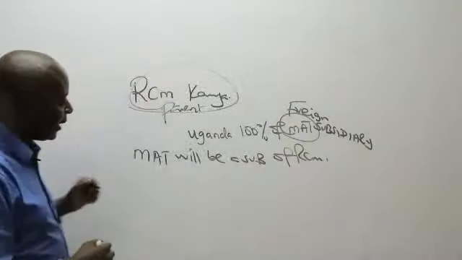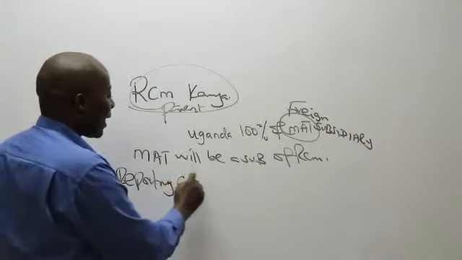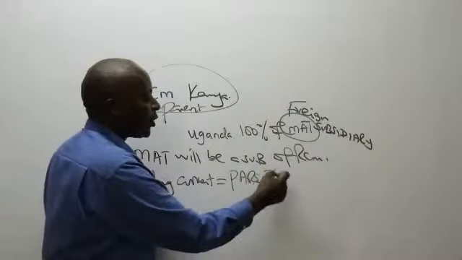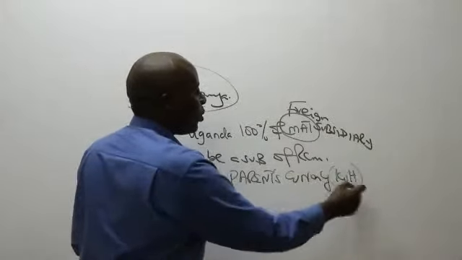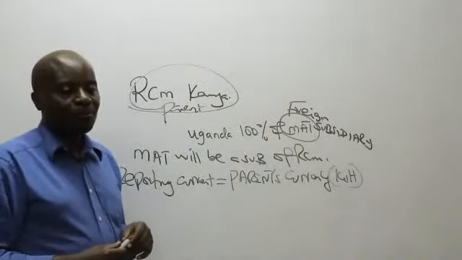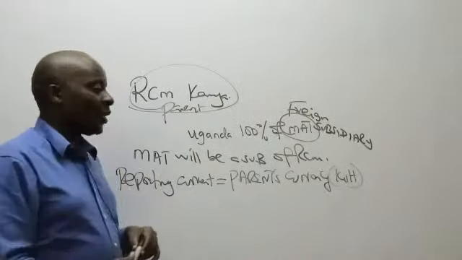The reporting currency. So reporting currency is the same as what here? The parent's currency, which in this particular case will be the Kenya shillings. The Kenya shilling will be the reporting currency, the parent's currency.